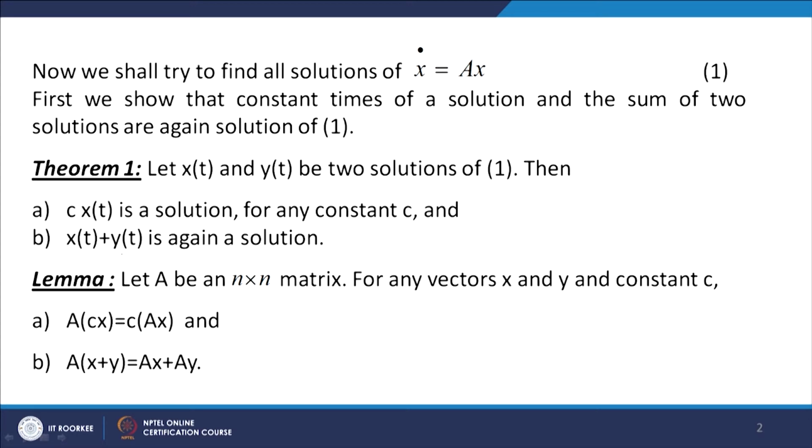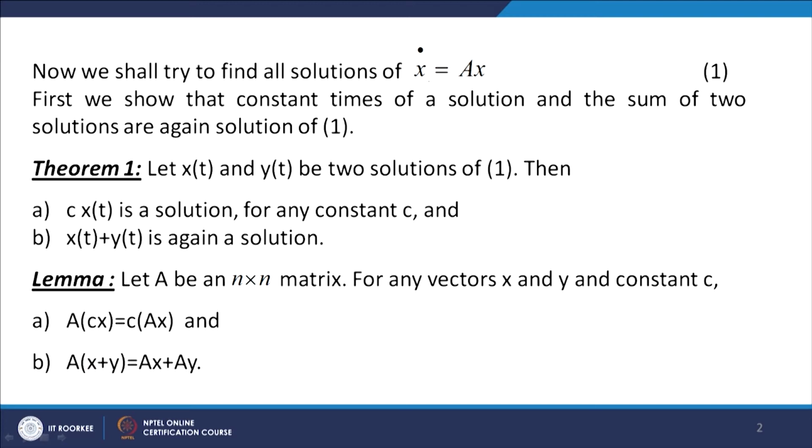Now, again if you want to show that x(t) plus y(t) is a solution: if x(t) is a solution, then x dot equal to Ax, and y(t) is a solution means dy over dt is equal to Ay. So, d over dt of x(t) plus y(t) will be dx over dt plus dy over dt, which will be equal to Ax plus Ay, and from part b of the lemma, Ax plus Ay is equal to A into x plus y.